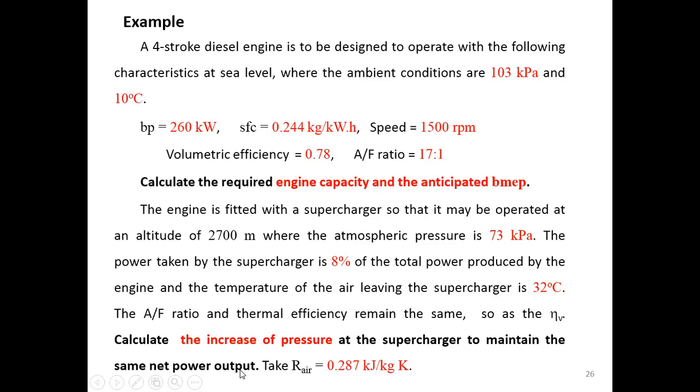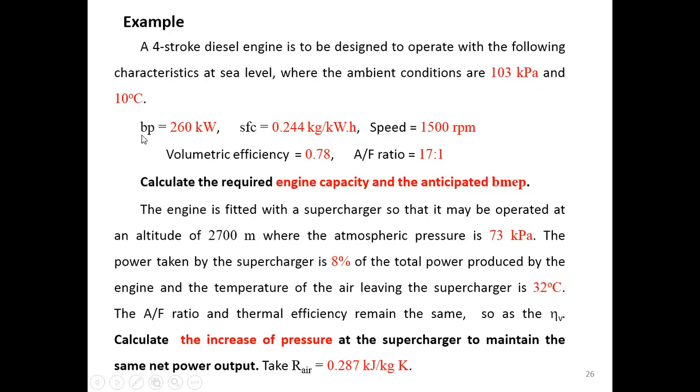We have a 4-stroke diesel engine that is to be designed to operate with the following characteristics at sea level, where the ambient conditions are 103 kilopascal and 10 degrees Celsius.